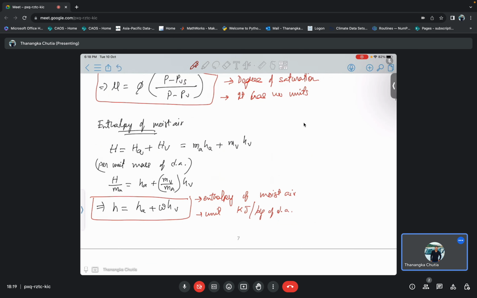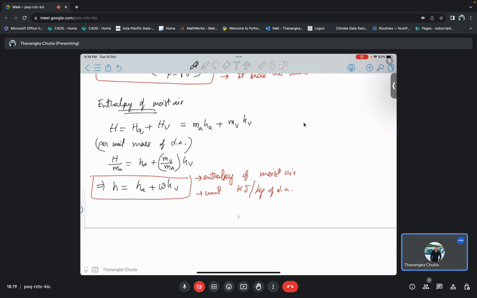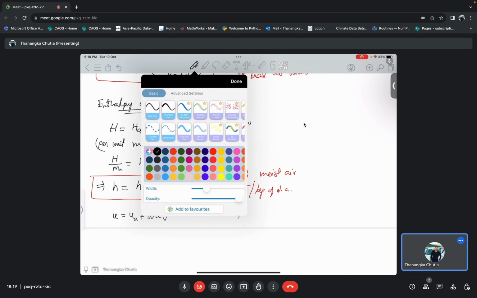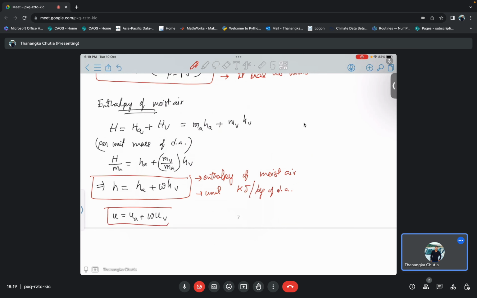Okay, similarly we can also write an expression for u. That will be u equals UA plus W times UV, and this is the internal energy of moist air per kg of dry air.